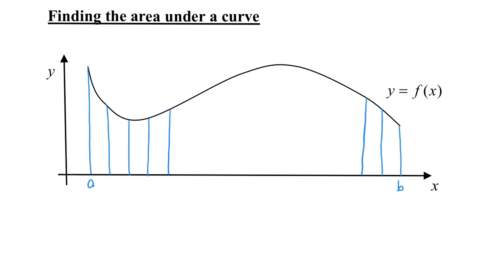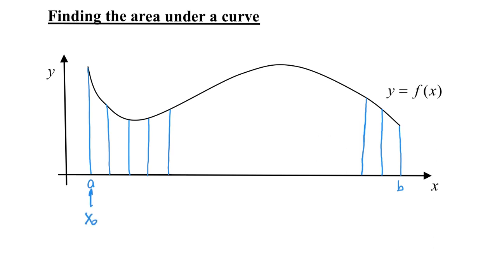So if we want to find the area under this curve, we're going to divide it up into a bunch of rectangles. So let's say we want to find the area under this curve, y equals f of x, between the point A and B, just some x values. So what we do is we divide it up into pieces, and we're going to call this first part right here x sub 0.